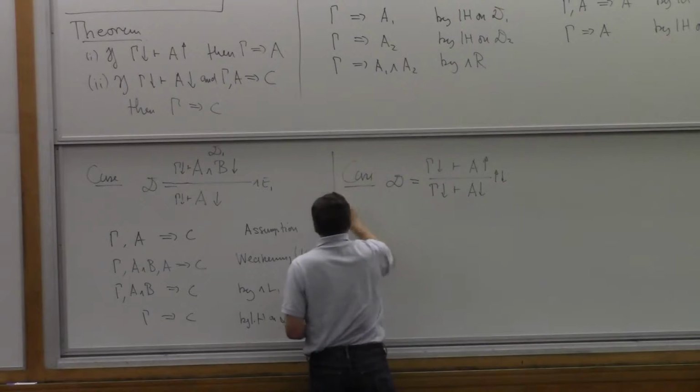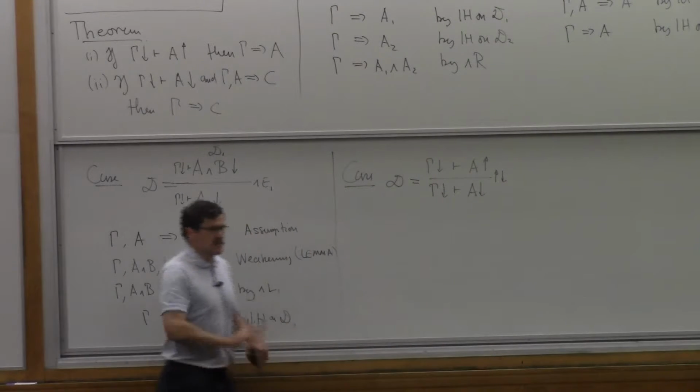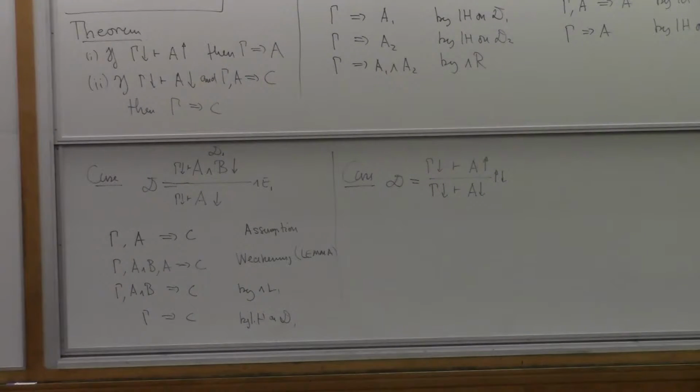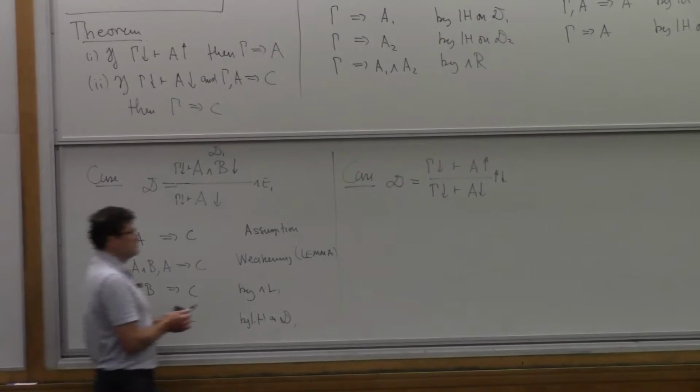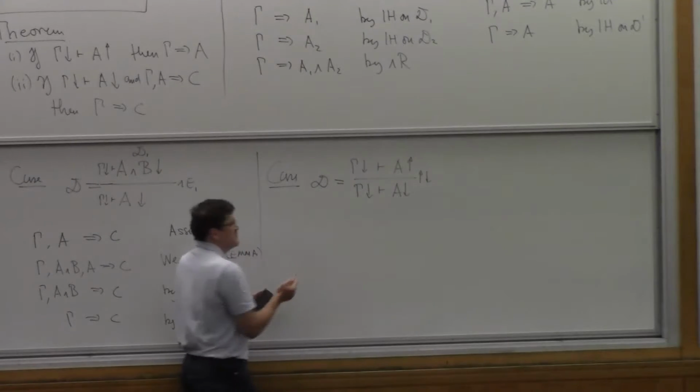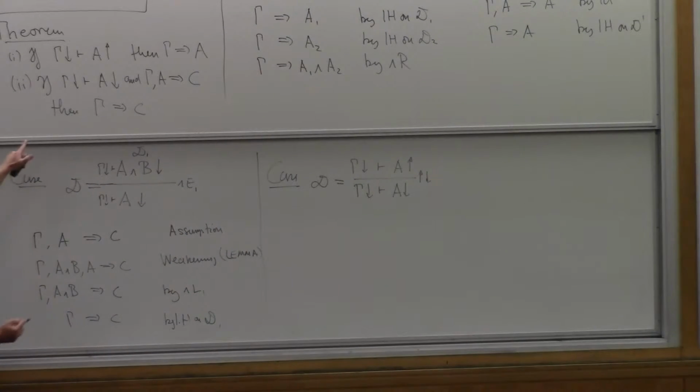Remember, this is hypothetical. This is not part of our original proof because we didn't have that rule, but now we do. I just want to see what this rule would correspond to in the sequent calculus. So what do we assume? Because we're in case 2, in part 2.